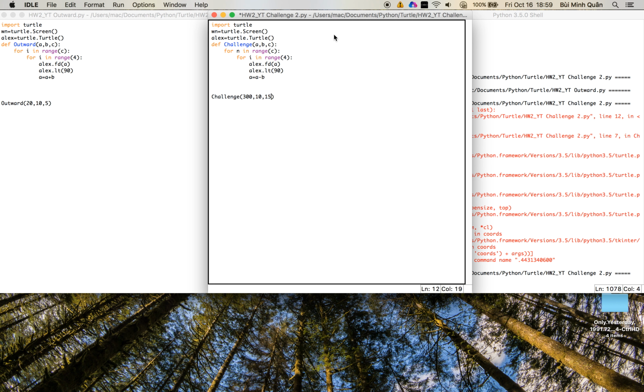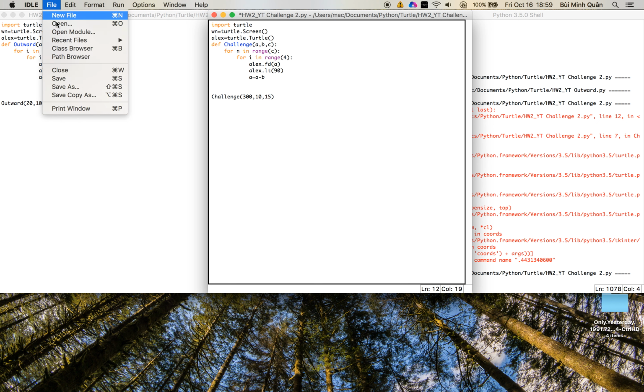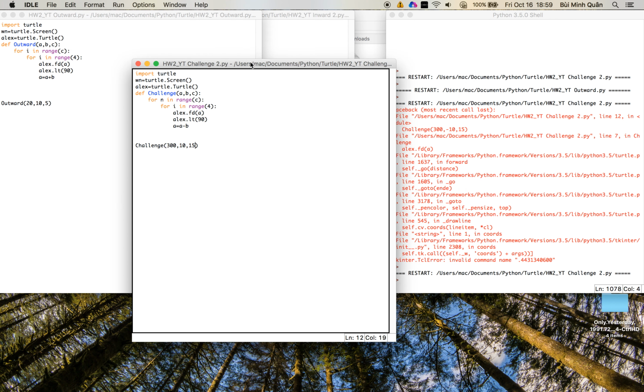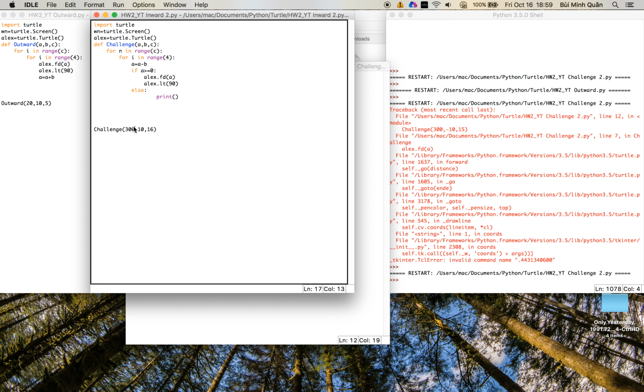This one is the only one we haven't tried, the inward. Just like the same, the first two lines. This one goes from inward to outward, so I will try to decrease the first length, and then we put it to positive.